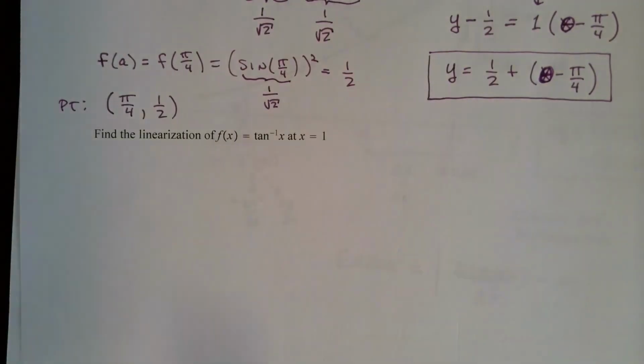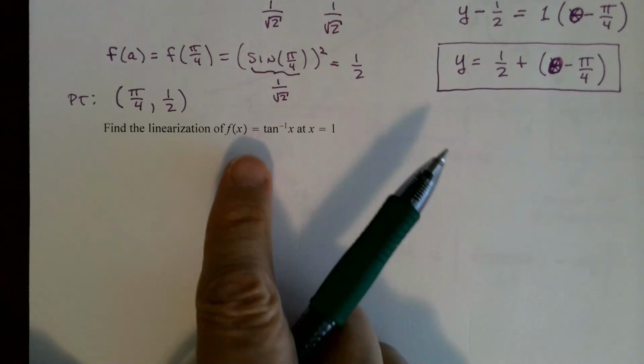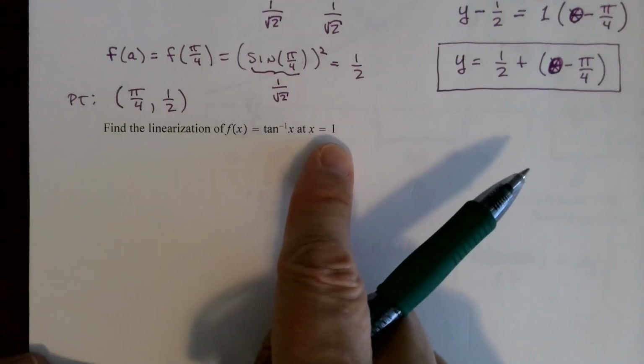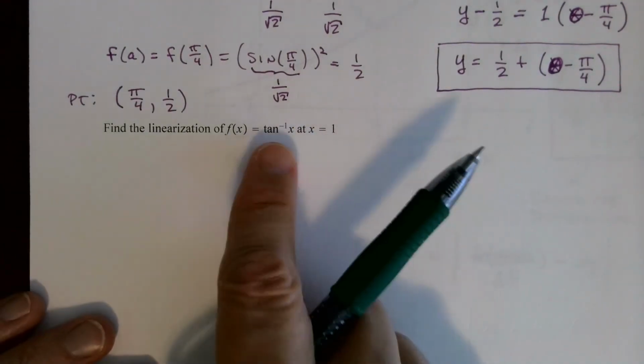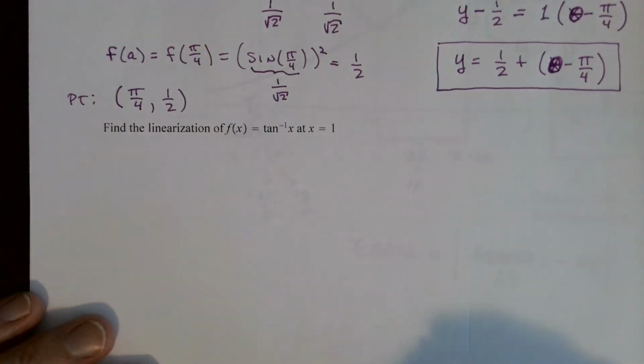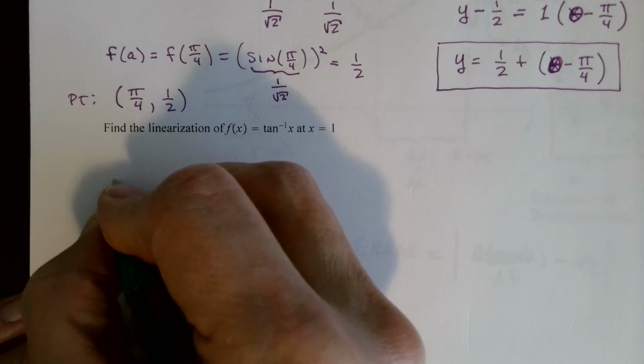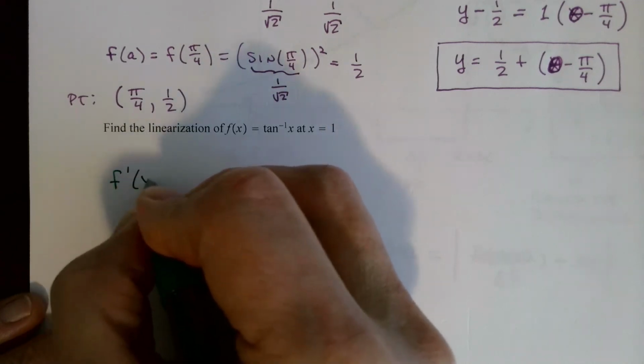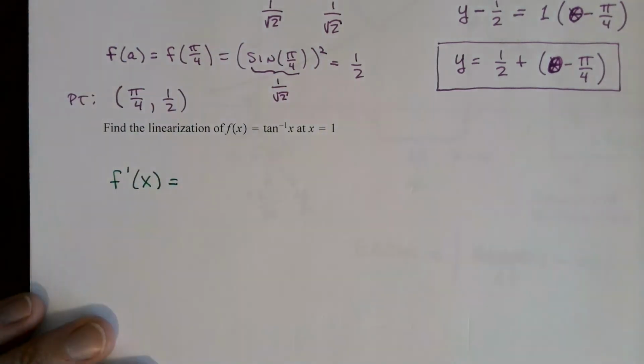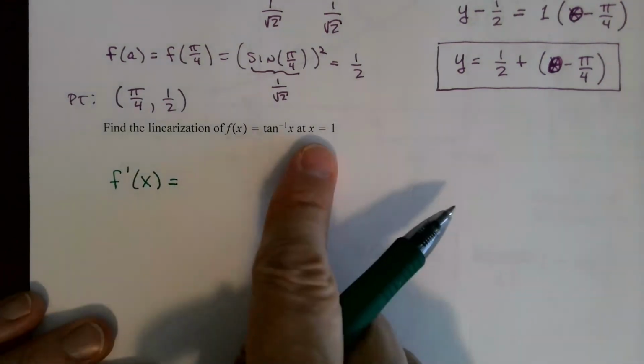We'll close with this. Let's find the linearization for the inverse tangent function at x equal 1. All right? So dealing with the inverse tangent function, hard to do just using the function. But here we can find the linearization, which is just the equation of the tangent line at x equal 1, right?